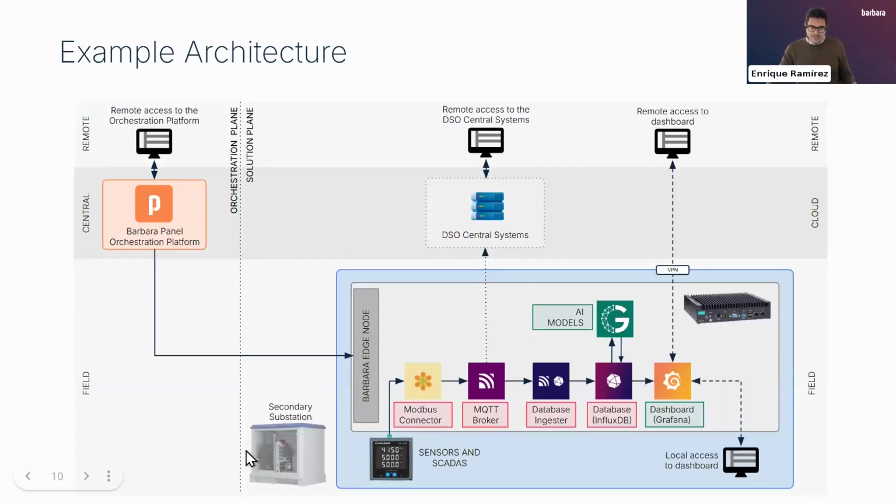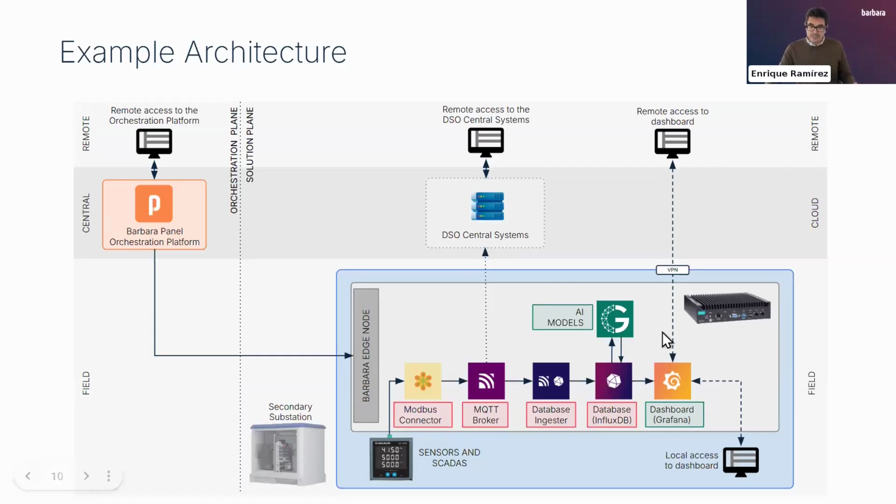We can see here a secondary substation. This is just an example of a secondary substation, which normally has a lot of different systems depending on the kind of substation, but usually has some transformer and some control equipment generating data in real time.